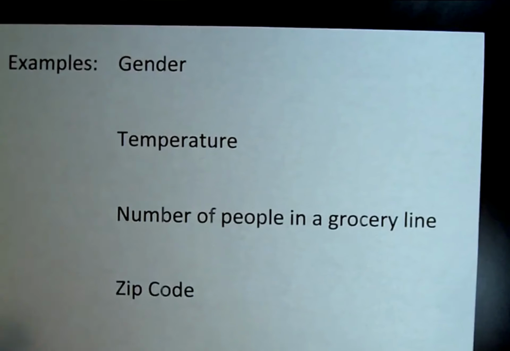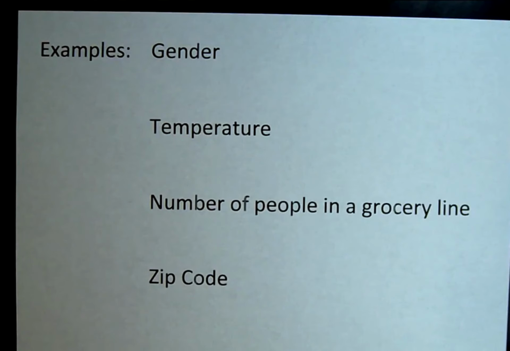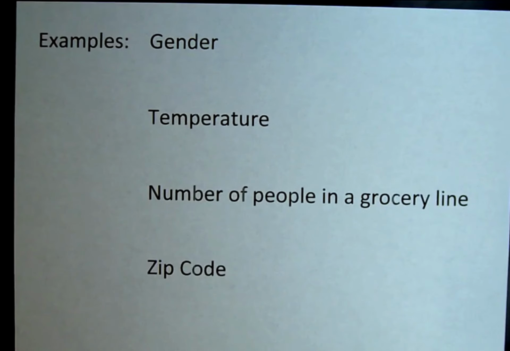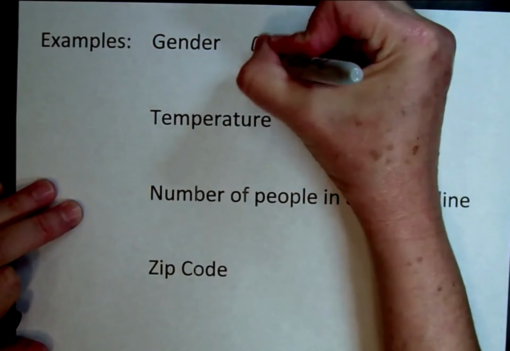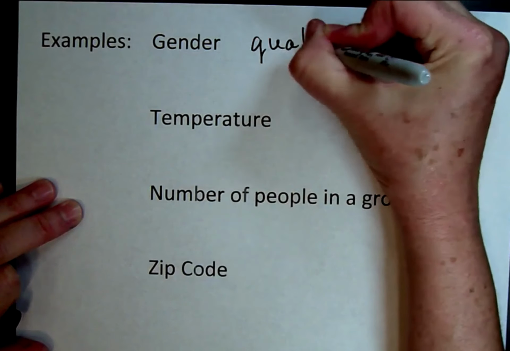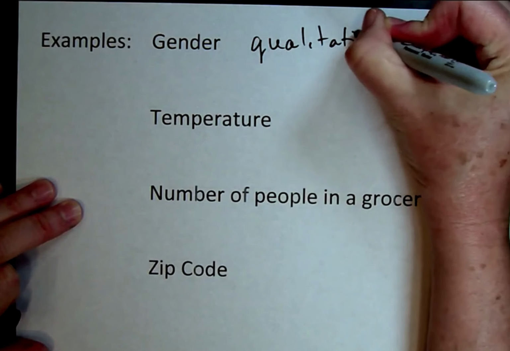Okay, some examples. Gender. First of all, let's ask ourselves, is this variable quantitative or qualitative? And then for the quantitative ones, we'll ask ourselves, are they continuous or discrete? So gender, is that qualitative or quantitative? Well, it's not a numerical measurement, so it's qualitative. It's a category.